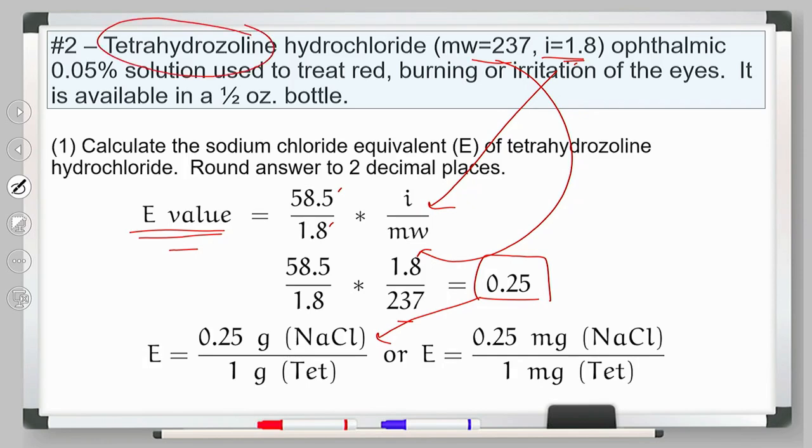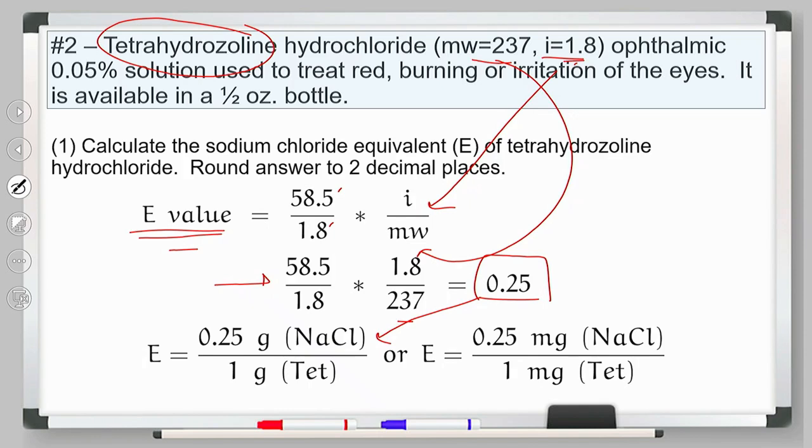So when I say the E value, by doing this math for tetrahydrolysine, is 0.25, we can now convert between sodium chloride weight and tetrahydrolysine weight, because I know 0.25 grams of sodium chloride is equivalent to 1 gram of tetrahydrolysine, okay? In terms of its osmotic properties, in terms of its effect on the freezing point depression, okay?